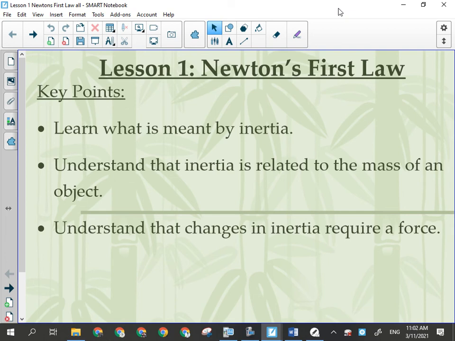If I'm not tethered to the spacecraft and I run out of fuel, what happens? I float away. And there is nothing that can be done about it. Okay? If I have no ability to exert an unbalanced force, my inertia will kill me. It'll make me just float away.